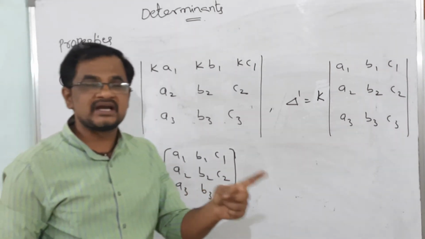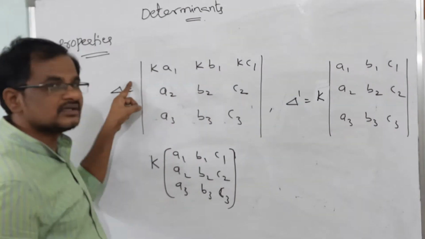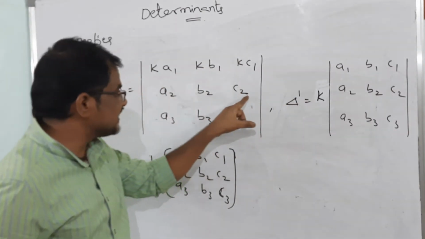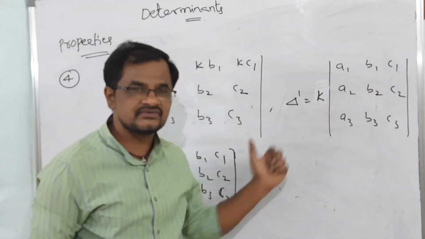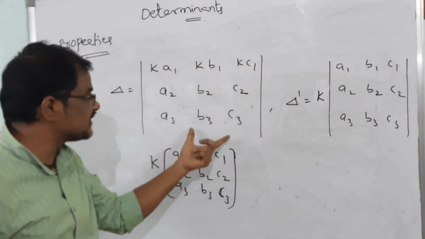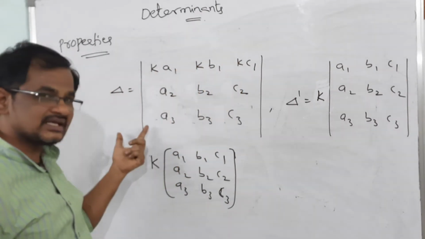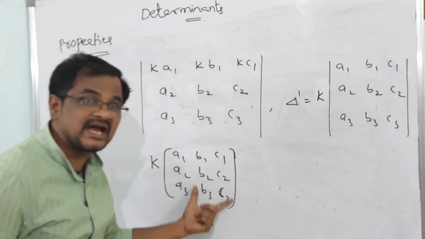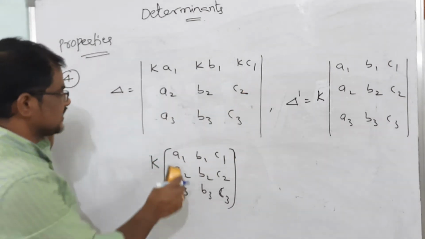That is multiplication of a matrix by a scalar. But in a determinant, from one row you get one k. If another row also has k, you get k square; if the third row also has k, you get k cube. That difference you should know. In the determinant, from one row one k, from another row another k, from the third row a third k. But this is the scalar multiplication of the matrix. That is the difference between a determinant and a matrix.